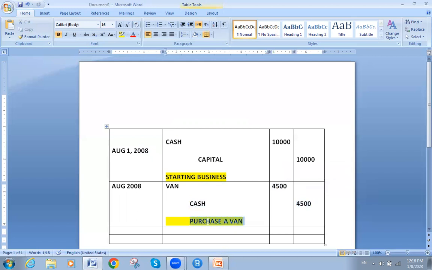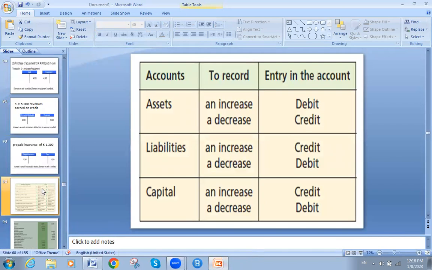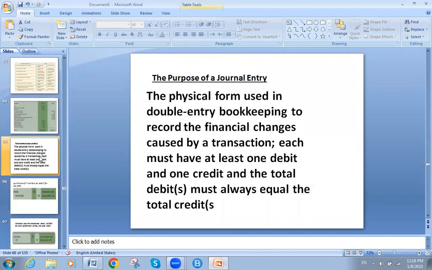Then a small declaration down below, highlighted in yellow, about the reason for the transaction. Why did we do this transaction or operation? And here we write the date. So, purchase a van, and we write the date. That is the second.